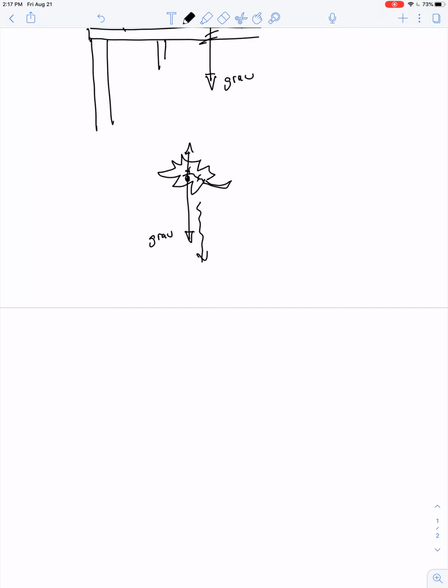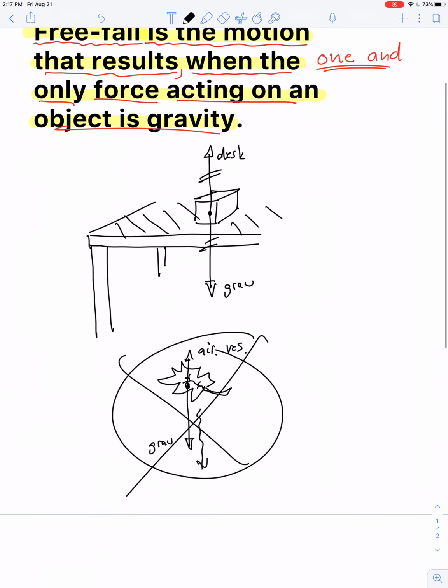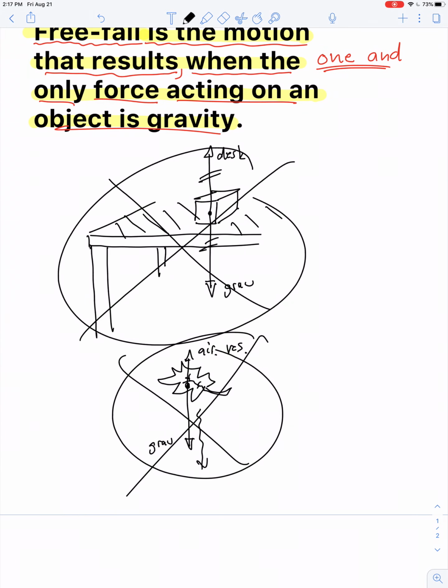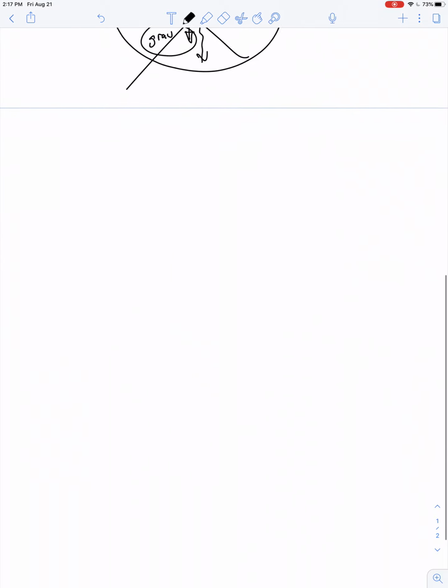But as gravity pulls down, air resistance pushes back up. So this would not be an object in free fall, just as the block on the desk is not in free fall. So just because gravity is a force that's acting on an object doesn't mean it's in free fall. Gravity has to be the one and only force that's acting for an object to be in free fall, which means free fall covers more than just dropping an object.